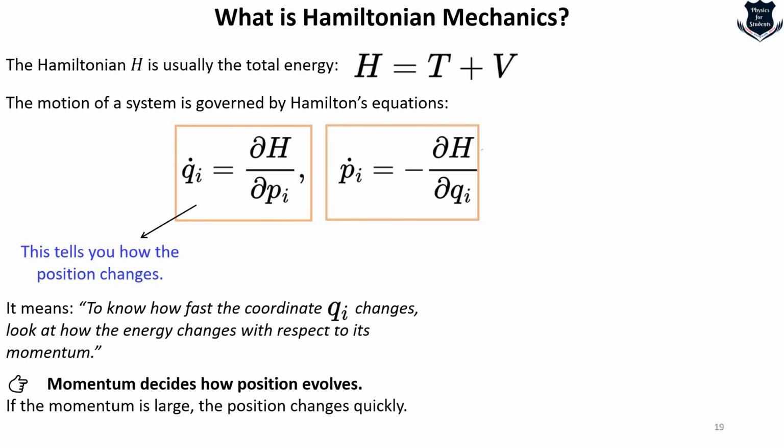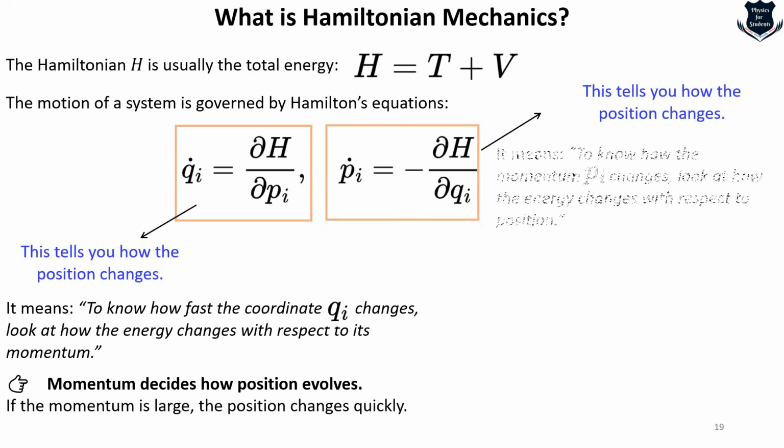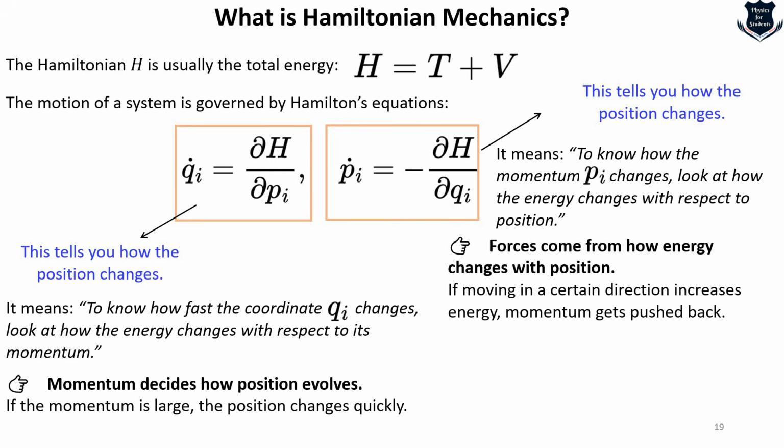The right hand side actually tells how the momentum changes. Right? So here you can see that to know how the momentum pi changes, look at how the energy changes with respect to the position. The earlier one was momentum, this one is the position. So we can say in simple language, force comes from how energy changes with position. If moving in a certain direction increases energy, momentum gets pushed back.